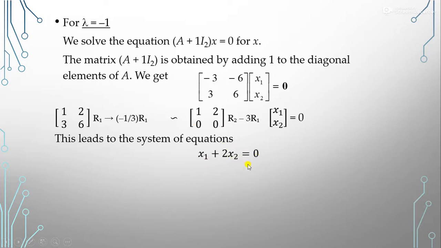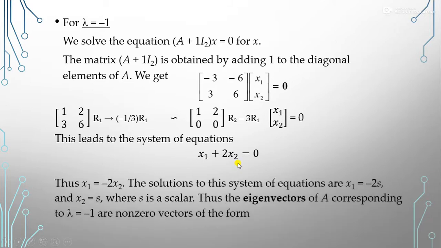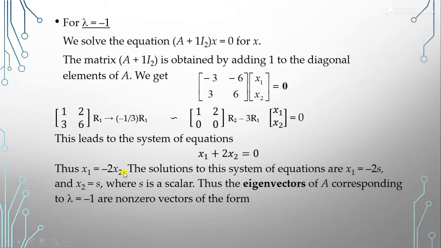Now again we have one equation and two unknowns. So again we need to find the solution, to find the vector x1 and x2. We have to put x1 or x2 as any scalar quantity. Here we have x1 equal to minus 2x2. If we put x2 equal to s, then x1 becomes minus 2s.